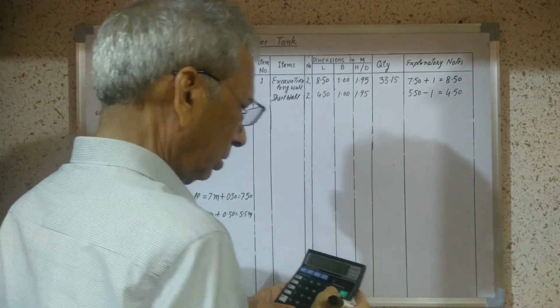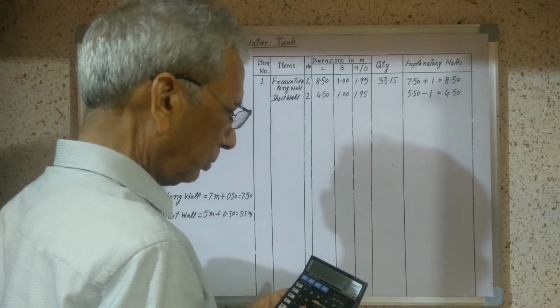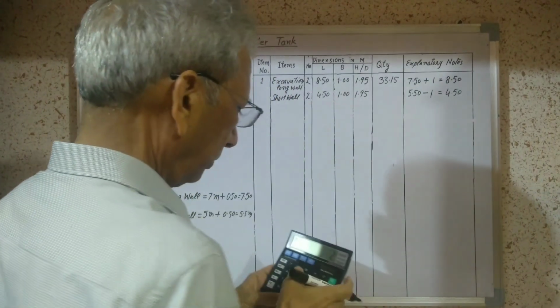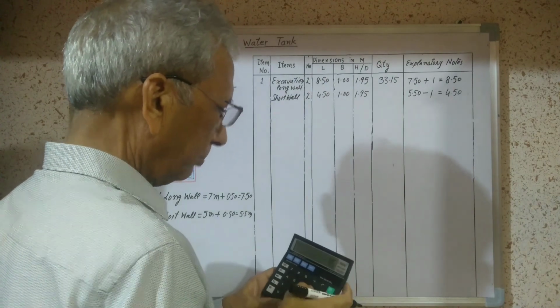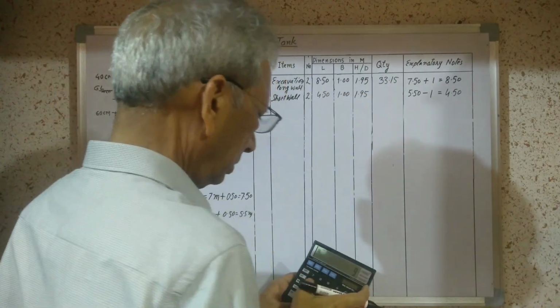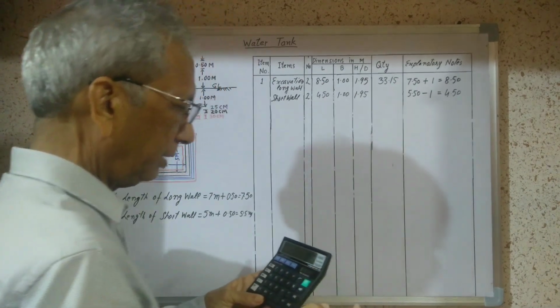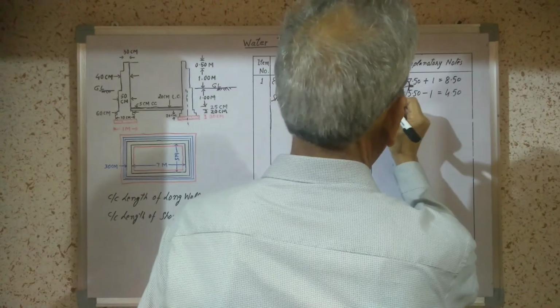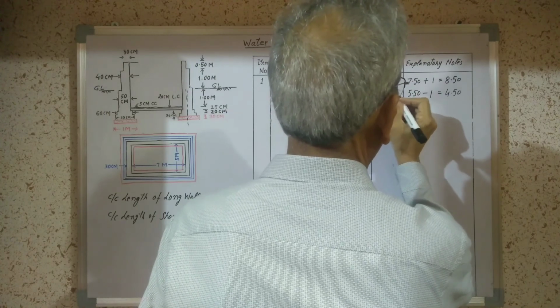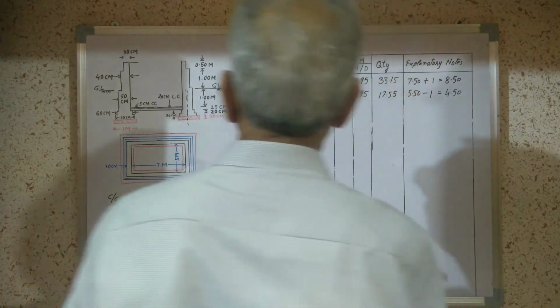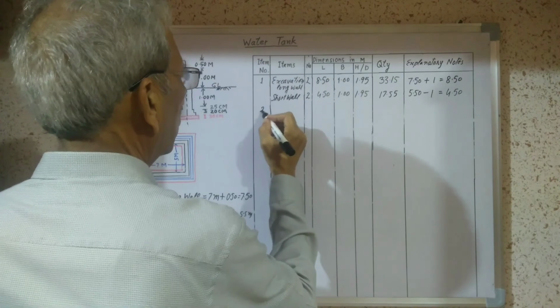Similarly, 2 number of short walls multiply by 4.5 and multiply by 1.95. The result will be 17.55.